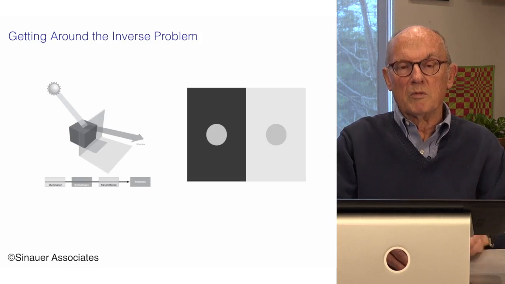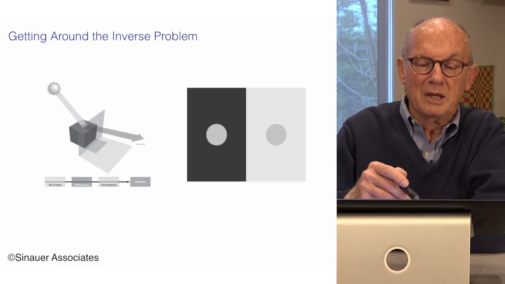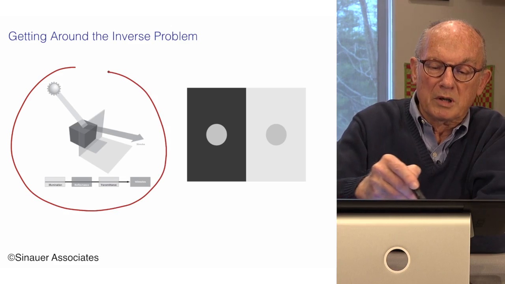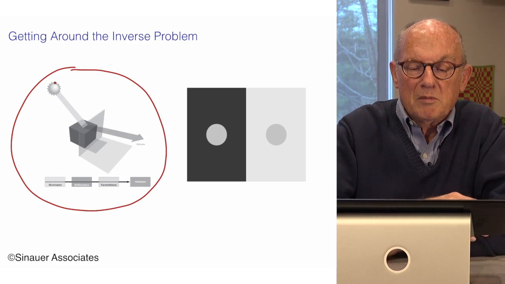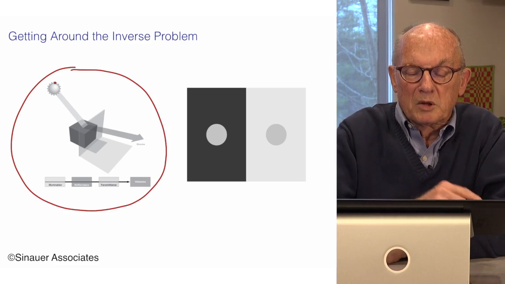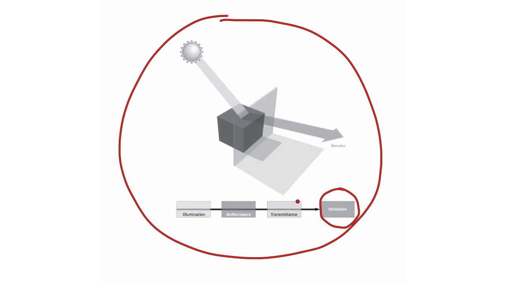So let me first of all remind you what the problem is. We talked about this before in some detail, but let me tell you again that the inverse problem refers to the fact that retinal stimuli, images on the retina, entail an entanglement of all of the information that comes from the real world. The illumination, the reflectance of surfaces, the transmittance are all entangled in what comes to the eye as a stimulus and falls on the retina.